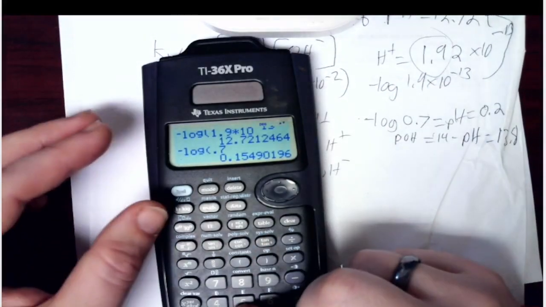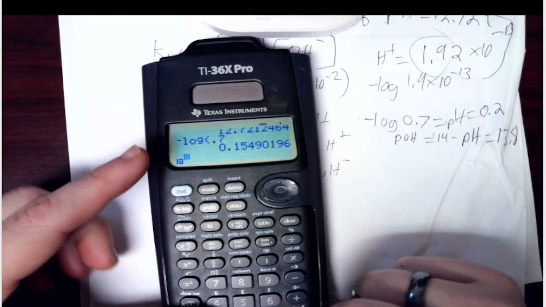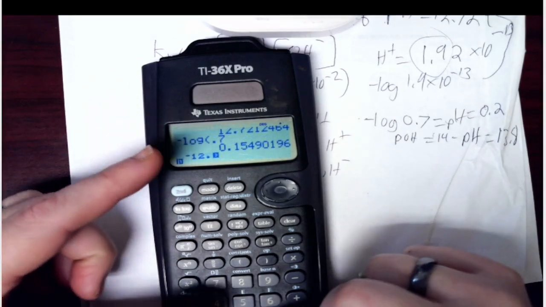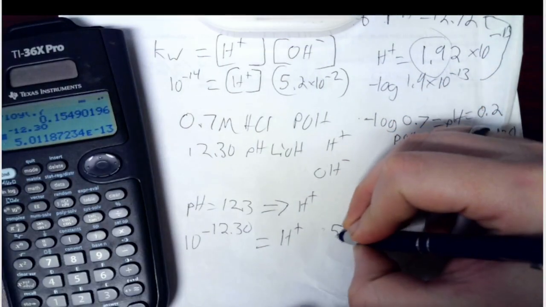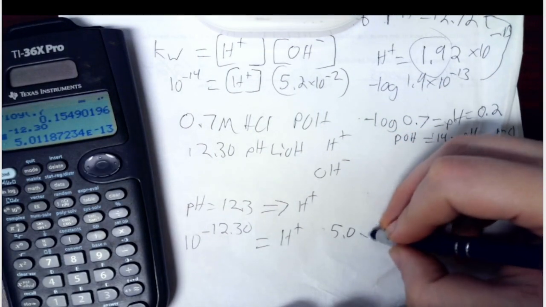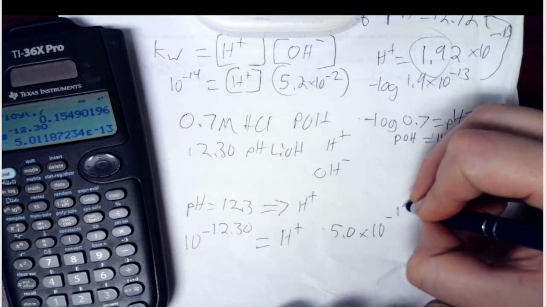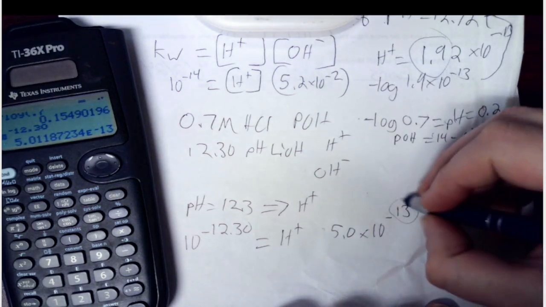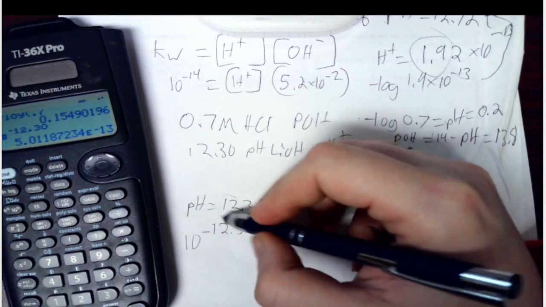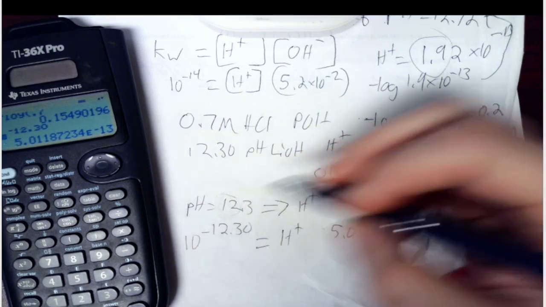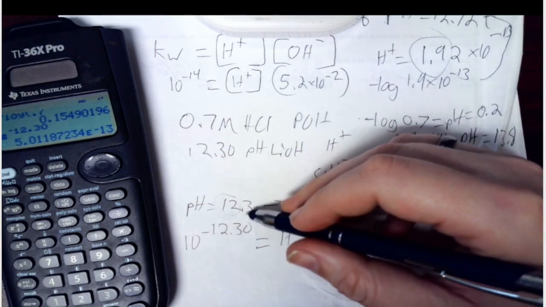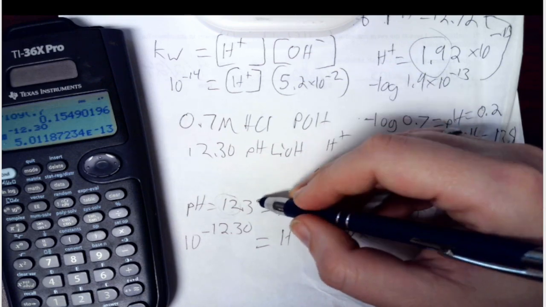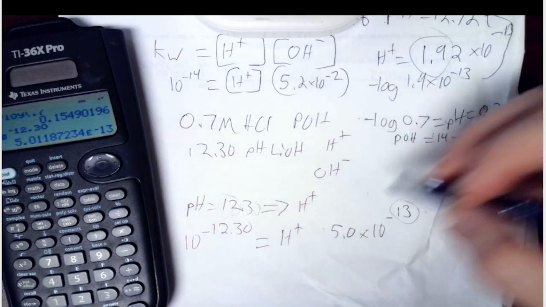To do this on my calculator, I'm going to enter 10 to the negative 12.30, and that's going to give me 5.0 times 10 to the negative 13. Negative 13 has to do with the 12. That is going to be between 12 and 13. And the 30 is going to give us the fact it's 5.0.